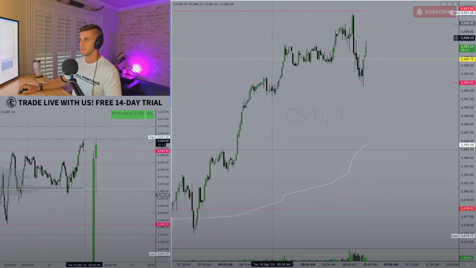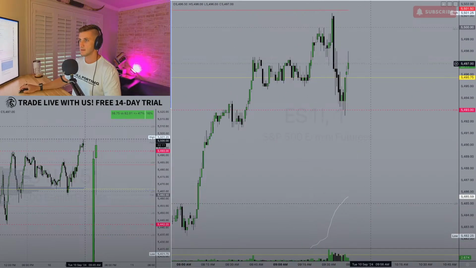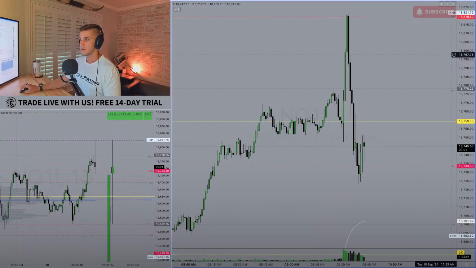We definitely have some relative strength here in ES, up and through that volume point of control now. Watch that pre-market high right into 5,500, next upside reference point, and then of course the session high as well.